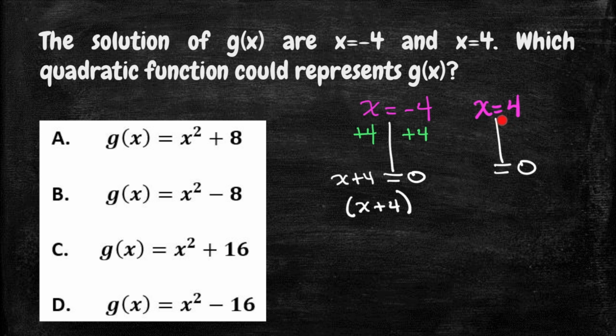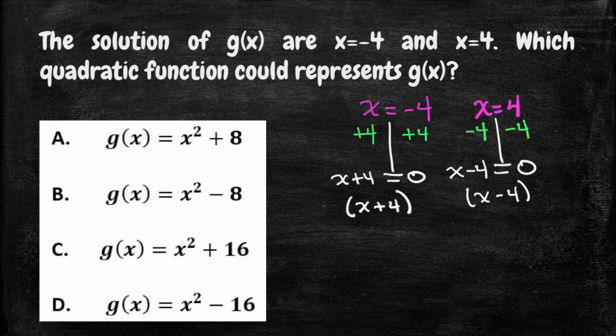Then I have x equals 4. I have to make this 4 equal 0, and the only way that I can do that is by taking away 4. And what I do to one side, I do to the other. So now I have 4 minus 4, 0, and x minus 4 equals x minus 4, which tells me that my second factor will be x minus 4.